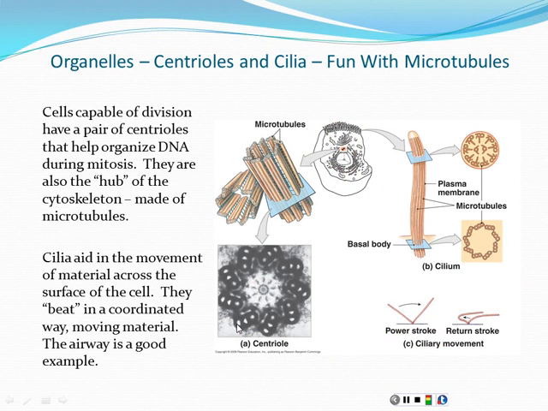So it's the hub where mitosis is controlled, the centriole. So cells that do not divide, like muscle cells and nerve cells, don't have centrioles because there's no need for them. So centrioles, and then cilia are a little bit like microvilli, but microvilli don't move.